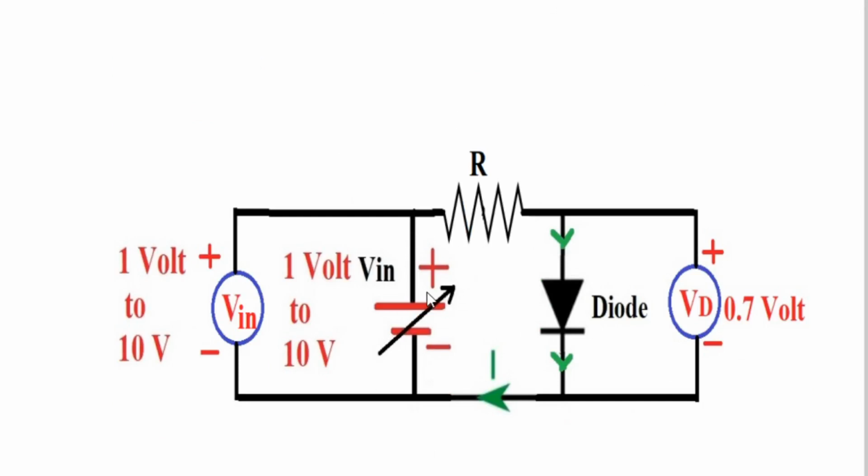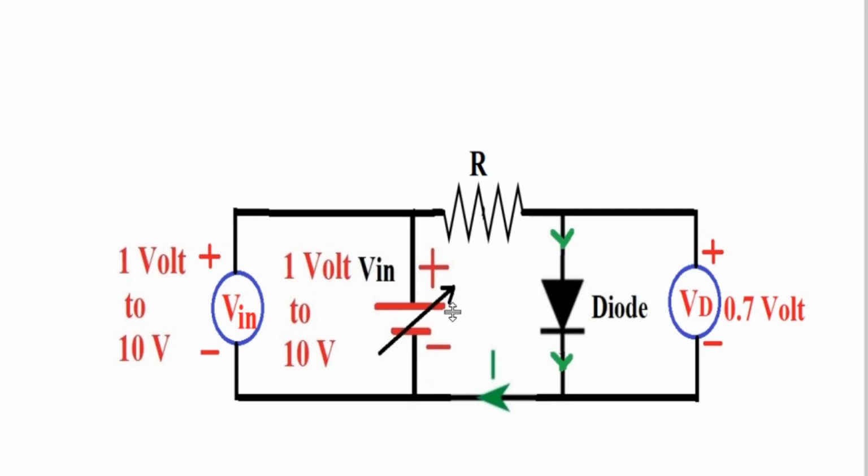When you vary the voltage from 1 volt to 10 volt, suppose it is 1 volt, the applied voltage to the diode, 1 volt, is greater than 0.7 volt. So the diode is conducting, and therefore the voltage across the diode is always 0.7 volt, because the minimum voltage is 1 volt, not from 0 to 0.7, but 1 to 10. So 1 volt is much greater than 0.7 volt.